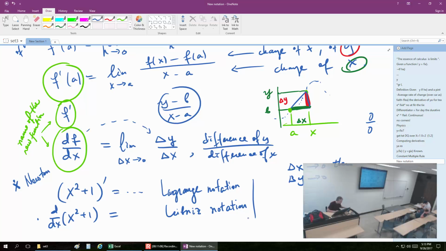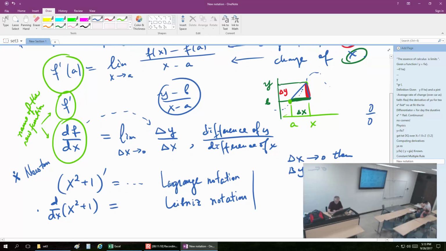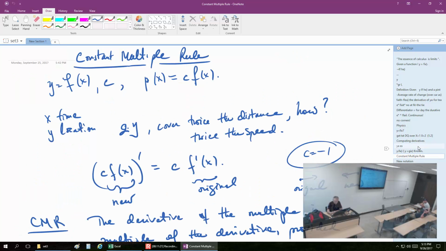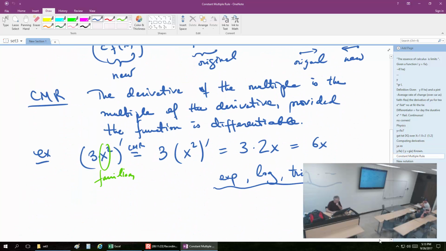Okay. So we need more derivatives. We pretty much want to be able to differentiate every function that we know, and fortunately all we have to do is start with a very few basic functions. What we need is the exponential function. The logarithm is the inverse of the exponential function, so we don't have to worry about it.